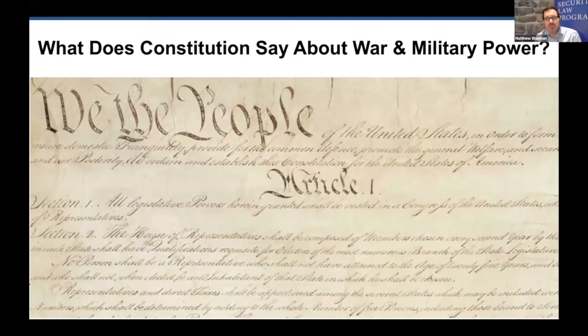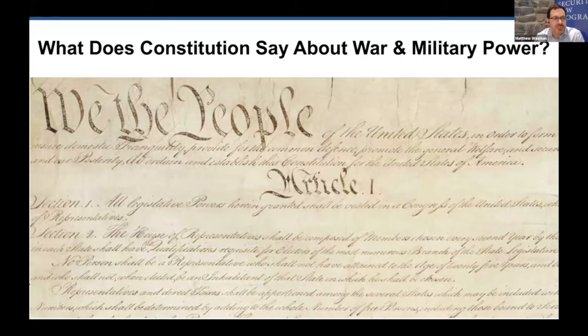Today, constitutional war powers debates are mostly about foreign policy, right? They're mostly about how we use military force abroad and what kind of foreign policy harms or benefits come from that. To the founders, war powers were very much about domestic governance. And for them, foreign policy and domestic concerns were very much entwined.